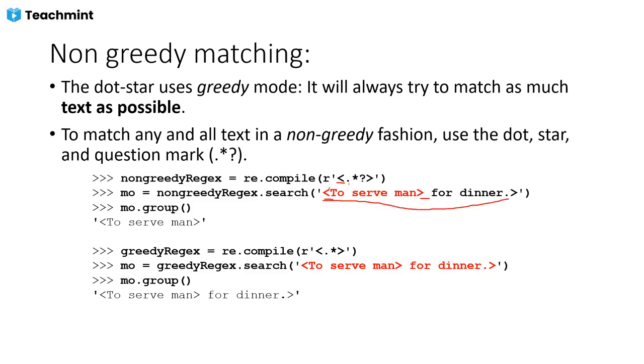It starts and ends with the angle bracket, but the question mark is given, so the first occurrence of the closing bracket is considered. If I remove that question mark, the last occurrence of the closing bracket is considered. So this is non-greedy, this is greedy. The last possible match, versus the first try of the best possible match.